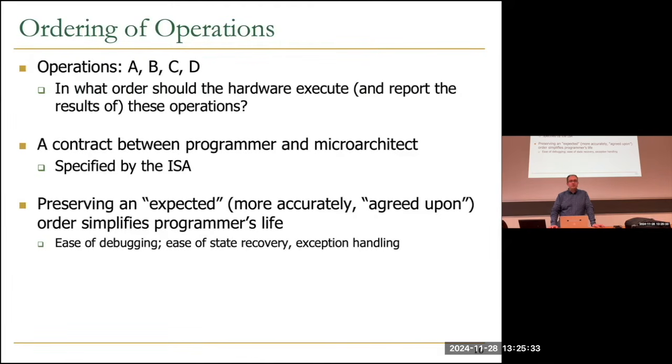If you don't know what's going on, you run your application and you see that the semantic is wrong, and then you want to debug it. But the second time you run it, your program might work because of some orders that you don't know, right? Once you know which orders are possible or which are not, then you can actually have better debugging. Also, ease of state recovery and exception handling.